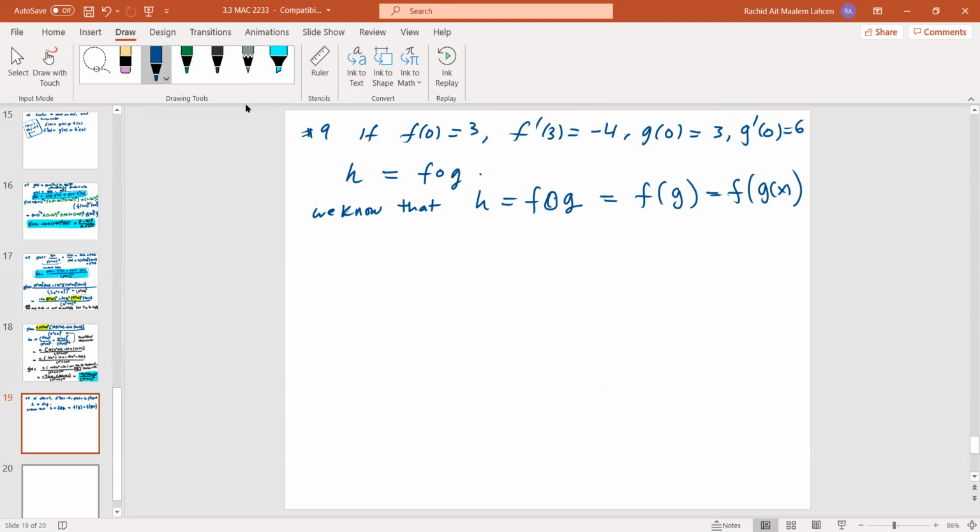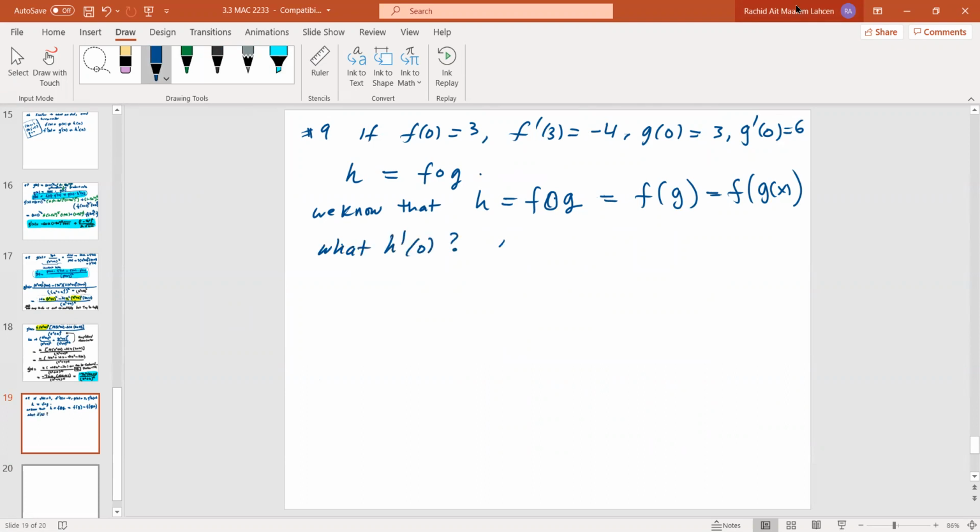So now the question will be, for example, what is h prime of 0? I'll just double check, but it should be that. Yes, so h prime of 0.